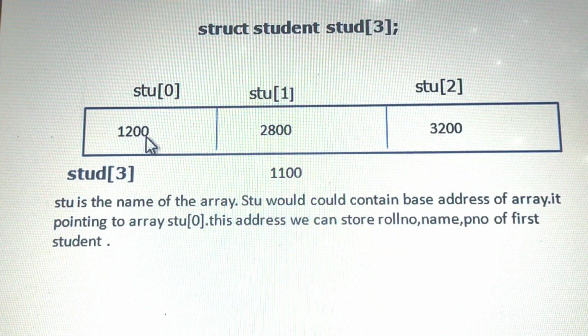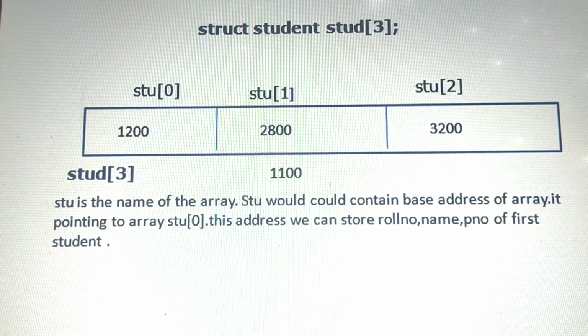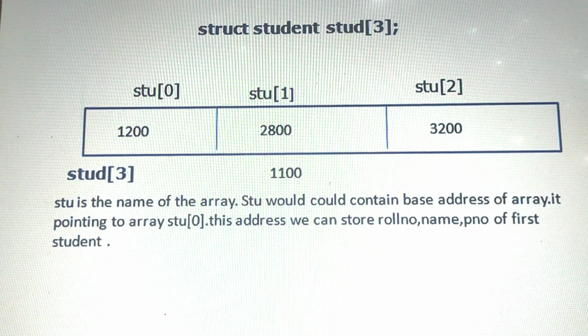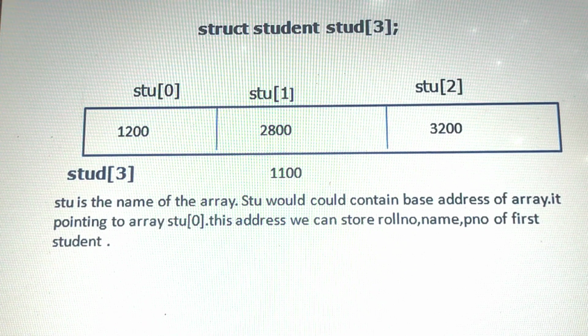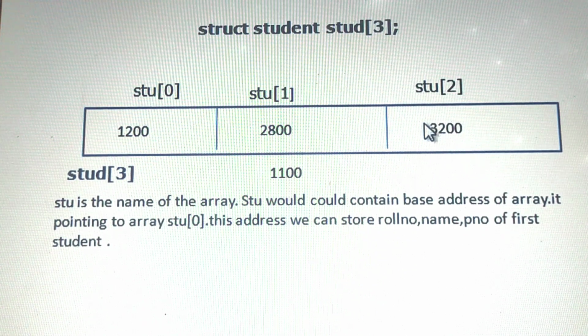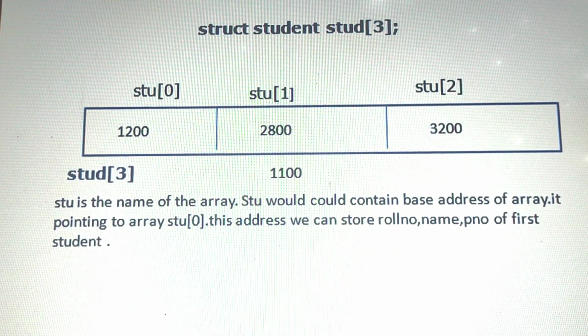Each element has its own base address. What do these addresses indicate? Somewhere in the memory, under this address we can store the structure member information of the first student. Under this address we can store the information of the second student. Here we can store the structure member information of the third student. We will see how it works.